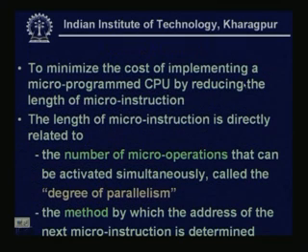Now, to minimize the cost of implementing a microprogrammed CPU, reducing the length of micro instruction is needed. The length of micro instruction is directly related to the number of micro operations that can be activated simultaneously, called the degree of parallelism. In every program, some micro operations can be performed simultaneously, and we call these parallel micro operations.